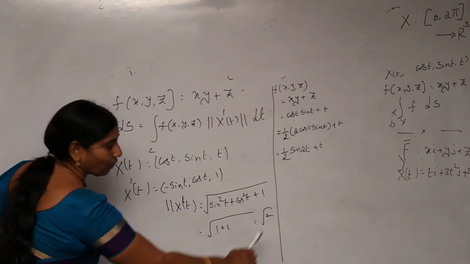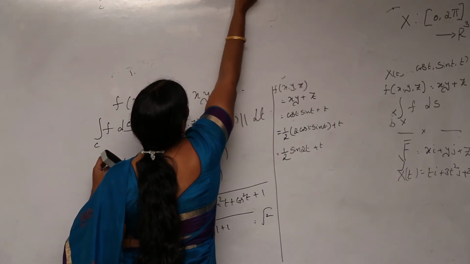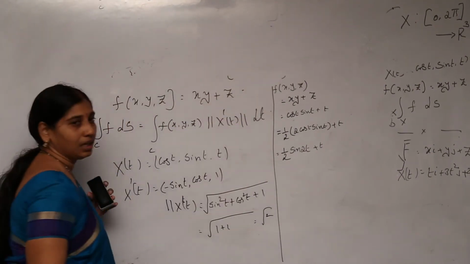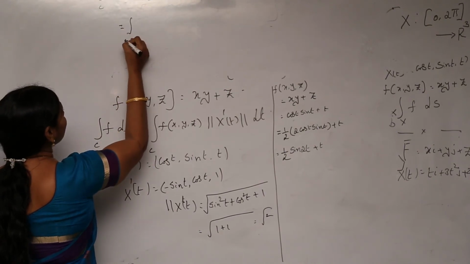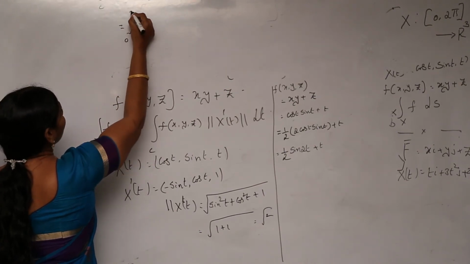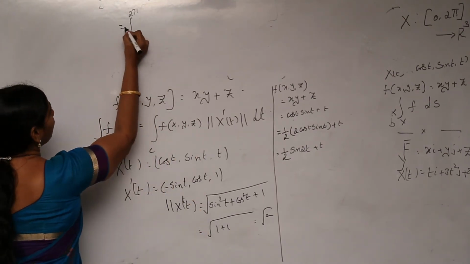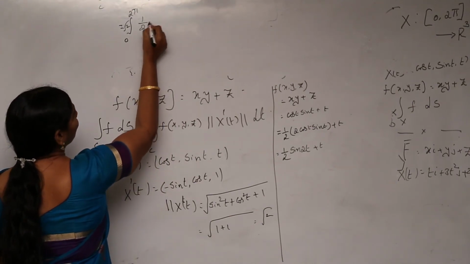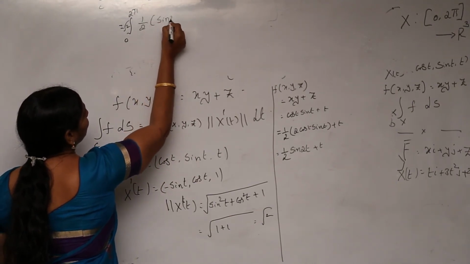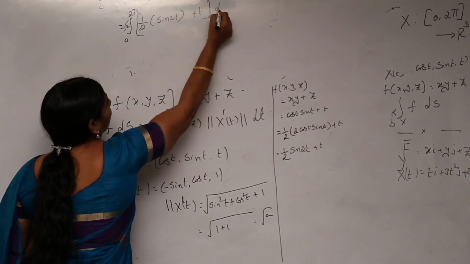We have already found the value of norm x'(t), which is root 2, so root 2 dt. As root 2 is a scalar, let's bring it out: root 2 outside of the integral of half sin 2t plus t dt.